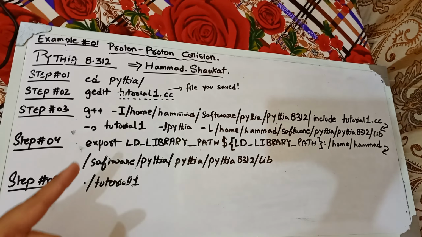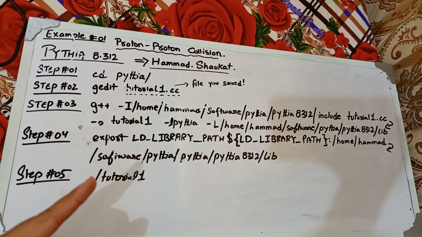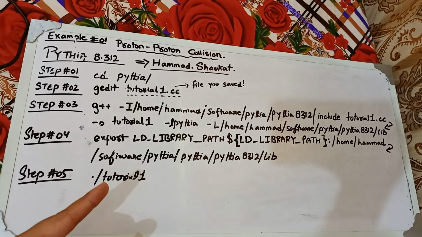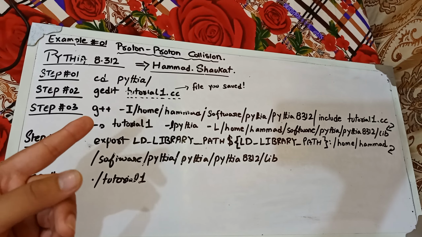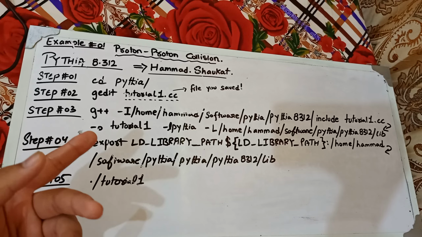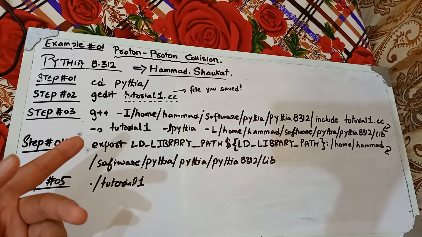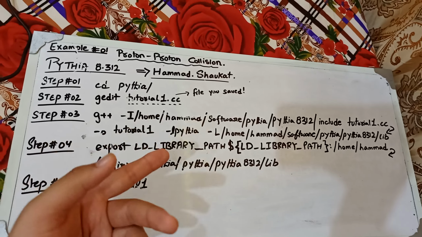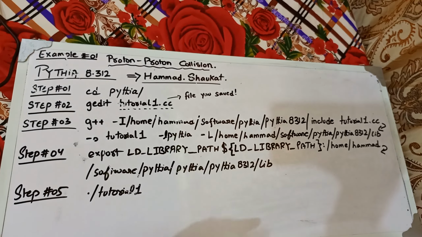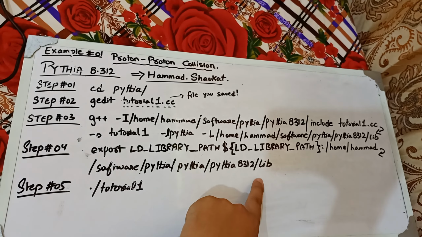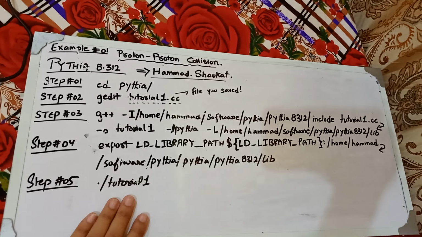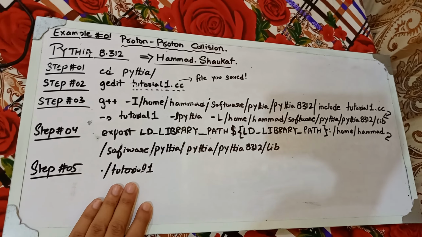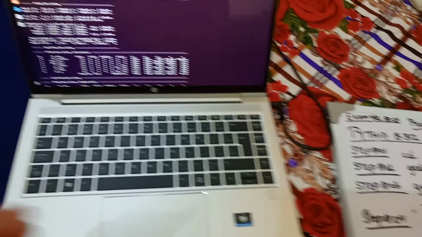After this, don't run it directly, it shows an error because it cannot find the library path. So for that, you first have to export the library path, all the same as before, and after this just run your folder, and you will finally get this.